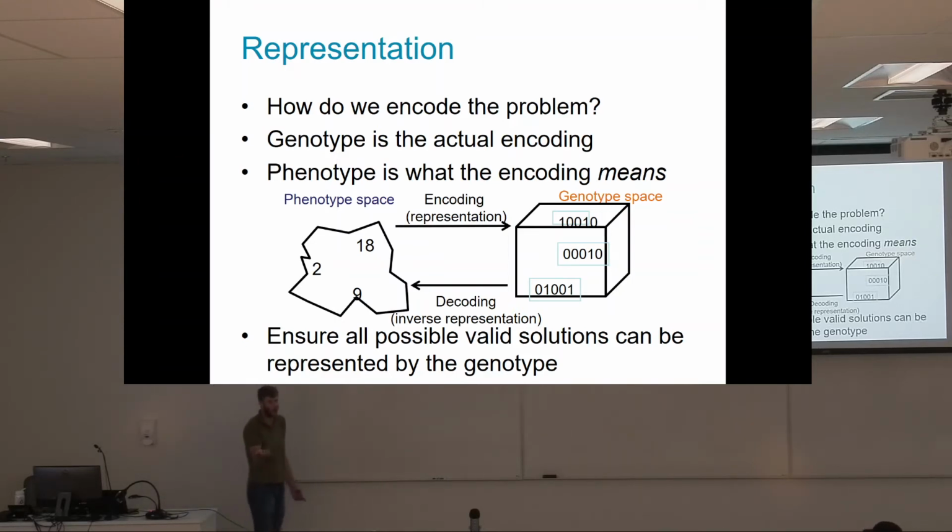We need to make sure our encoding is capable of thoroughly, completely representing everything, like the genotype better be able to represent everything we need it to represent in the phenotype space. Imagine you had a genotype that somehow wasn't capable of decoding all possibilities.